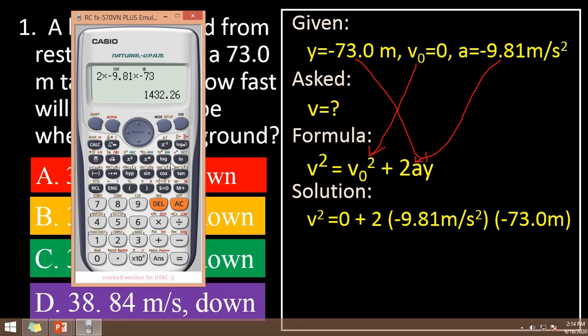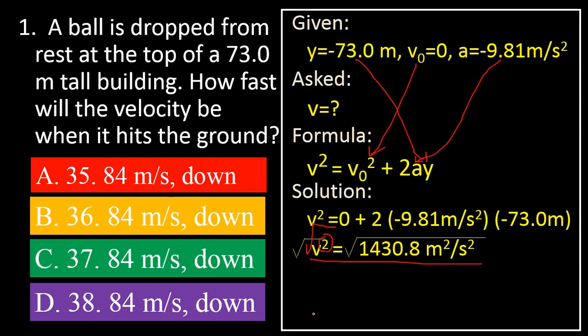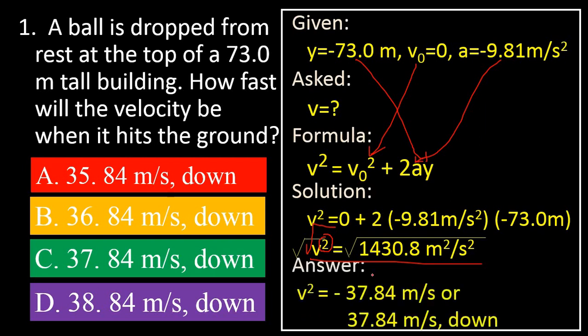So you square the answer to get this one. Okay, and then there's still squared here, so to get rid of it, you square both sides just like that, and then you get this number.